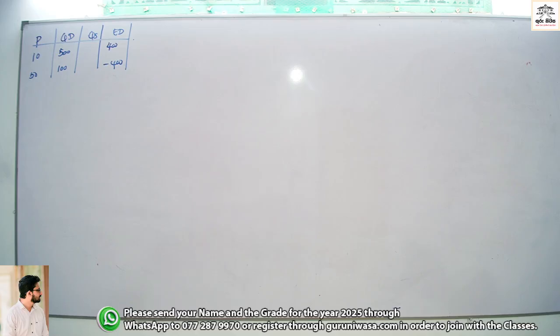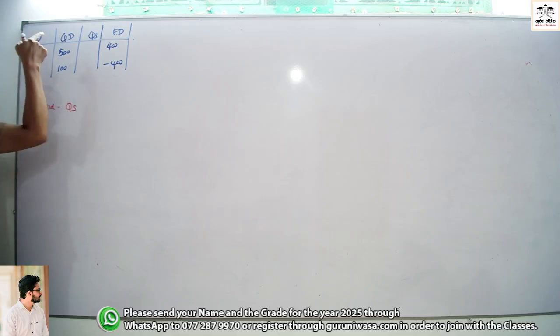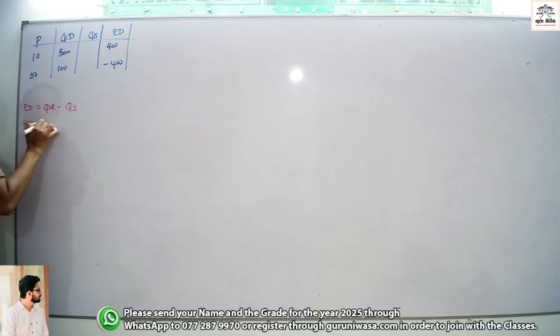Can you remember the equation? Excess demand equals QD minus QS. At price 10, excess demand is given as 400 units. QD is 500, then you can calculate QS. QS equals 500 minus 400. Then QS equals 100 units.